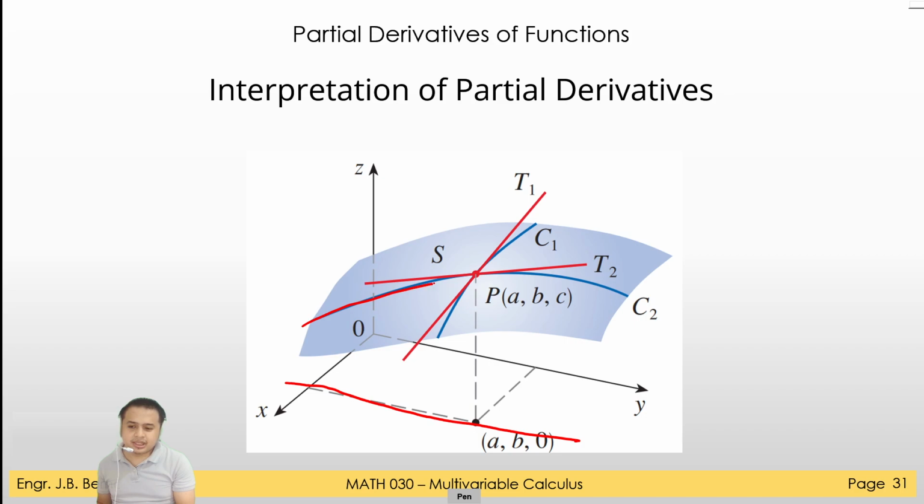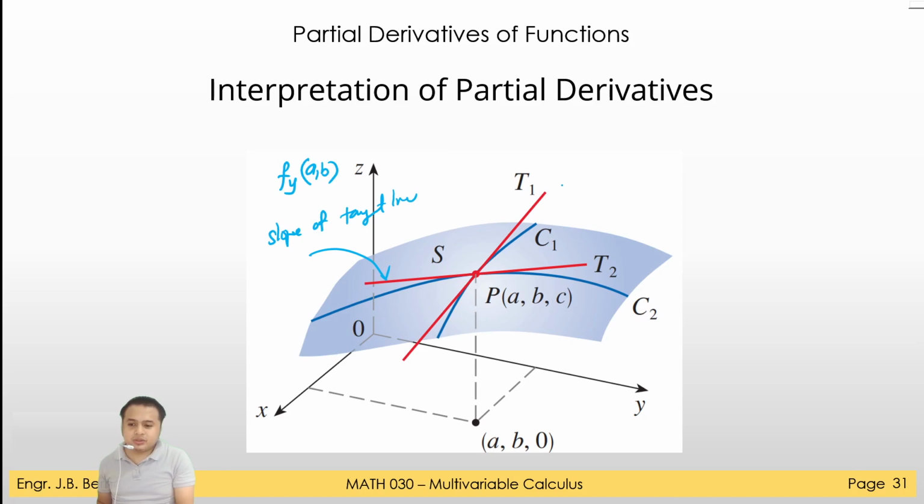If you find the tangent line of that two-dimensional curve, you will have the slope of this tangent line, which is also the derivative f sub y, assuming the point (a, b).